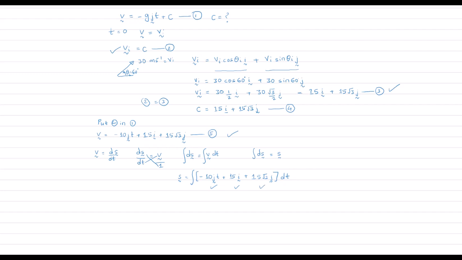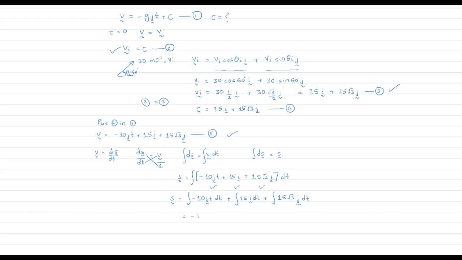So I need to separate the integrals. Therefore, the displacement will be given by the integration of minus 10 j t dt plus the integration of the second term, which is 15 i dt, plus the integration of the third term, which is 15 root 3 j dt. So we take all the constant terms out.